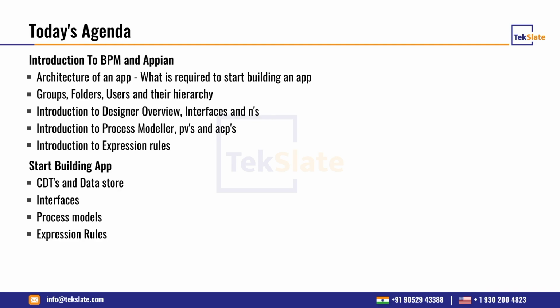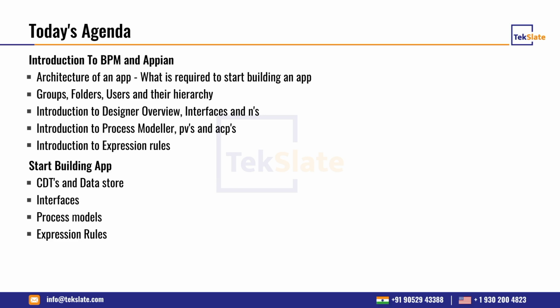I wrote today's agenda. Here we are going to have an introduction about what is BPM, what is Appian, then how apps are created in Appian, what could be the architecture, and what is the starting point where the app starts building. What are the things that you need to include in an app to make it work consistently and fluently?